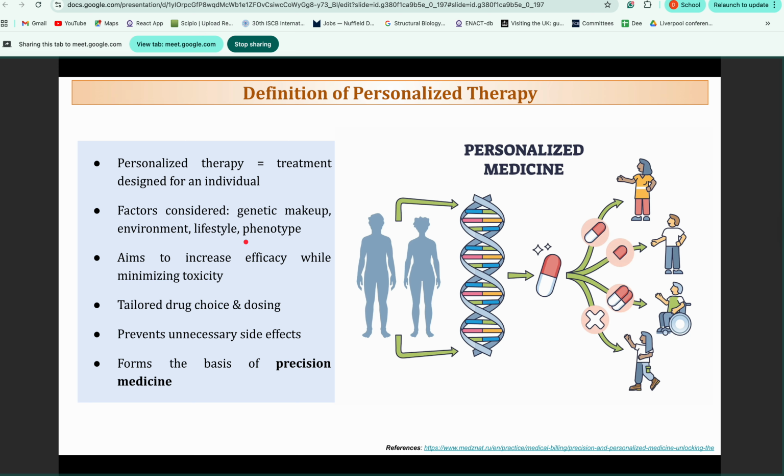Then we look at the lifestyle, whether that person is sedentary or very active. That can also affect the drug, because in the earlier sessions we looked at how the drug reacts inside our body.